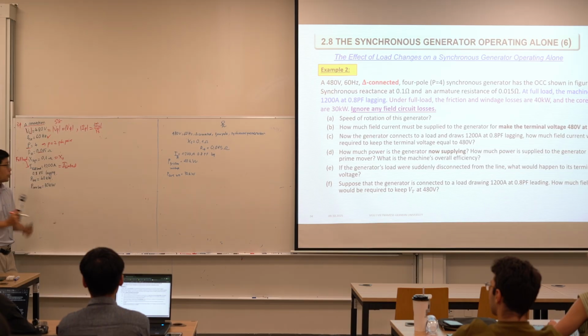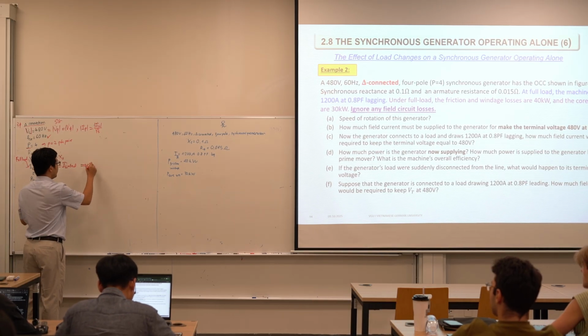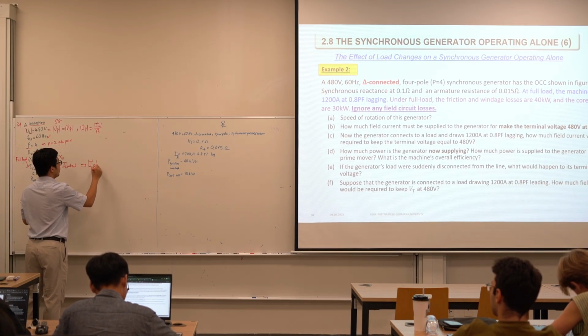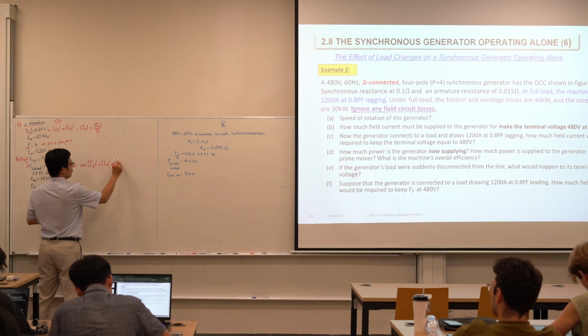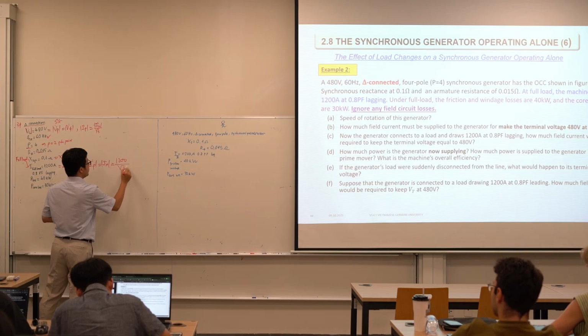Understand? So remember, we directly calculate I phase or IA, which is equal to what? 1,200 divided by square root of 3.